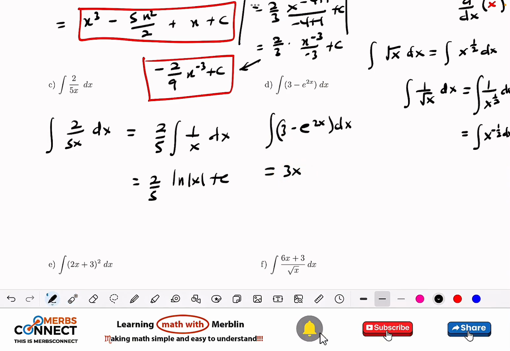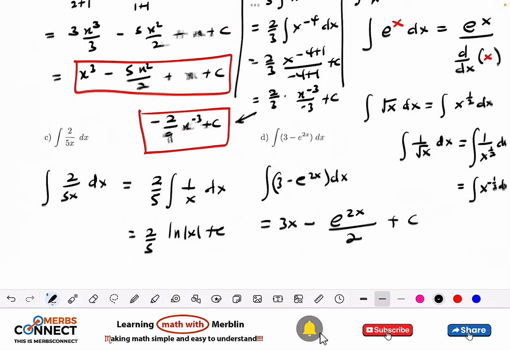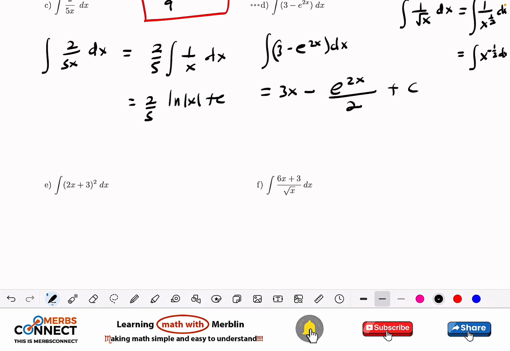Right. Good. Then minus. Now we learned from how to differentiate this function here: maintain the function and divide by the derivative of what is on the top. What is on the top here is 2x, so when I differentiate 2x, what am I going to get? 2 plus c. That's what I'm going to get for the D2 as well.